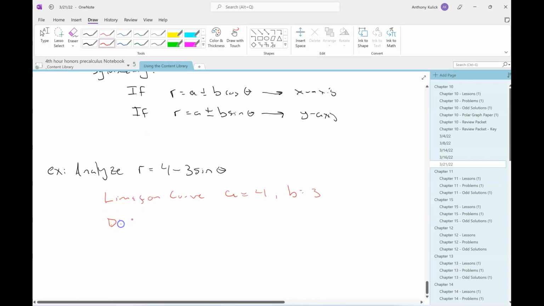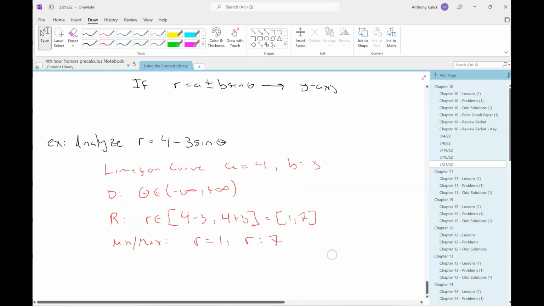So my domain, since it only depends on sine or cosine, is always going to be all real numbers. The range is a minus b, comma, a plus b, or really just 1 to 7. My min and max values are r equals 1 and r equals 7 respectively.